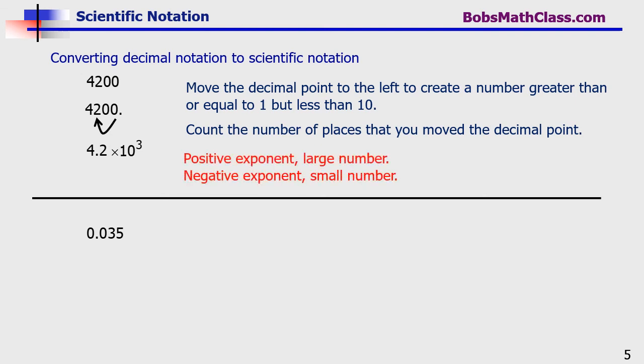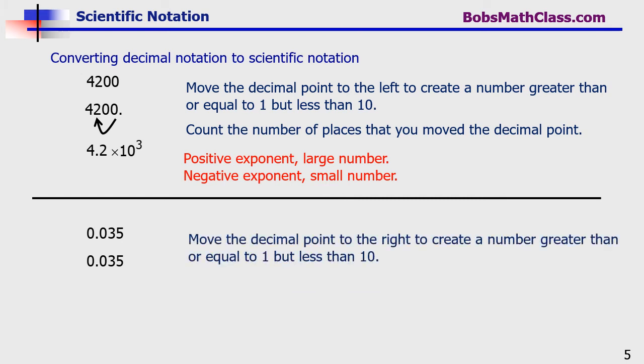Okay, let's look at the next one. Oh yeah, keep in mind again, positive exponent, large number, negative exponent, small number. How about this next one? Small number, right? So it should be a negative exponent. Okay, so 0.035. Move the decimal point to the right to create a number greater than or equal to 1 but less than 10.